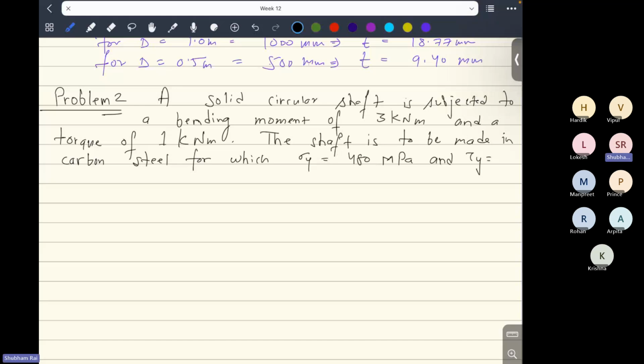So as per maximum principal stress theory, yield stress from the uniaxial tensile test, actually, you get maximum shear stress to be sigma y divided by 2. But here tau y is given to you, which is 265 megapascal. Okay, so it's not exactly half.